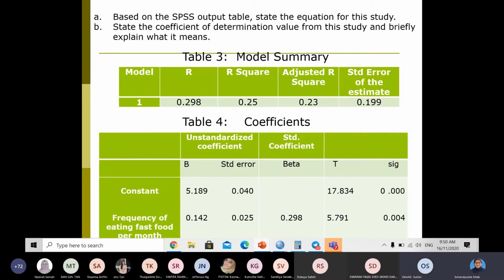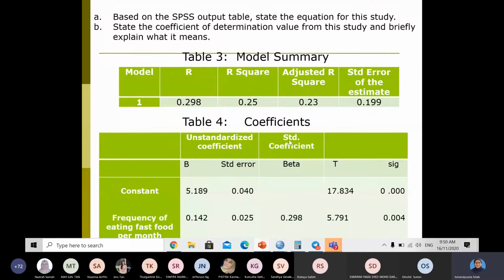Which one? 25%. Yes. So only 25% of frequency of fast food intake will estimate the cholesterol level. Yes. Wow. Okay, congratulations. Who is it? Omchi, Doctor. Okay, thank you, Omchi. That's correct. Absolutely correct.